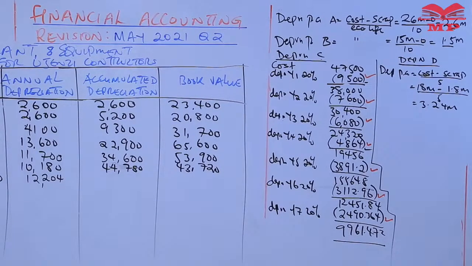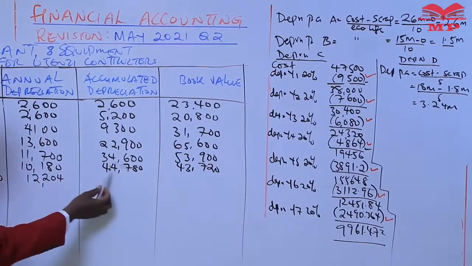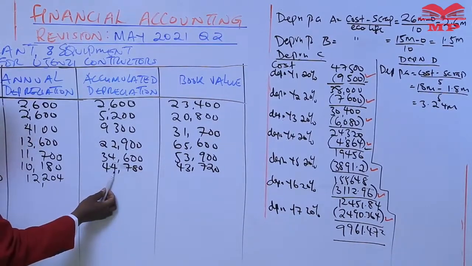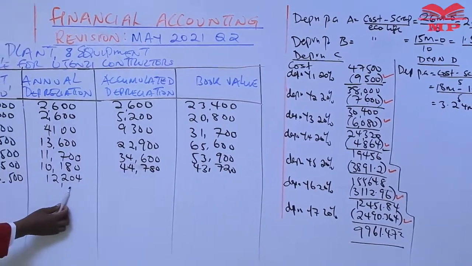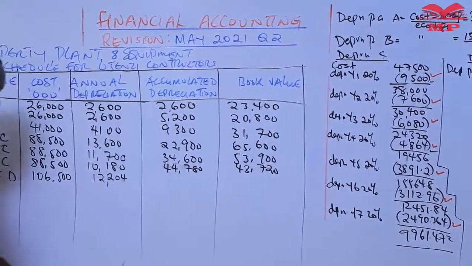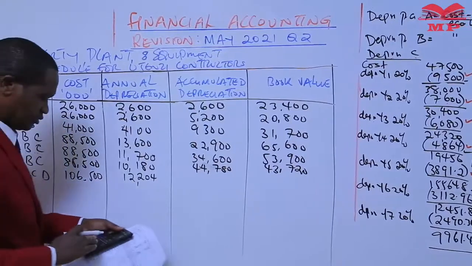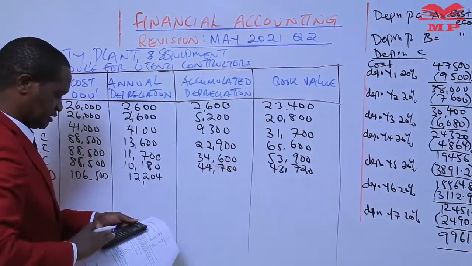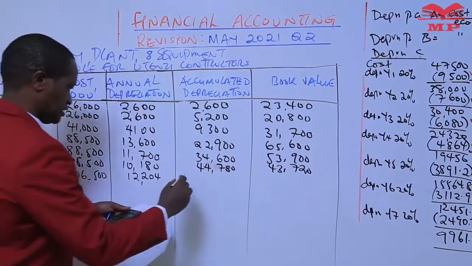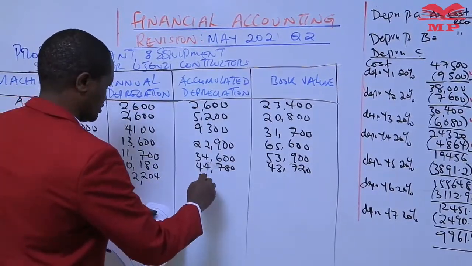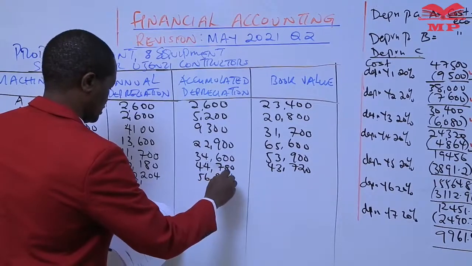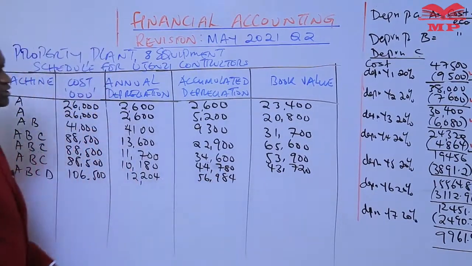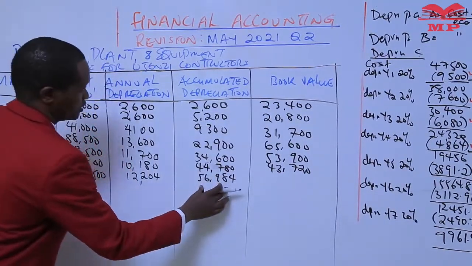Then accumulated depreciation: we take the accumulated depreciation for the year preceding 2017, which is 2016, and add the annual depreciation for the current year 2017. We add 44,780. This is equal to 56,984. That is the accumulated depreciation.